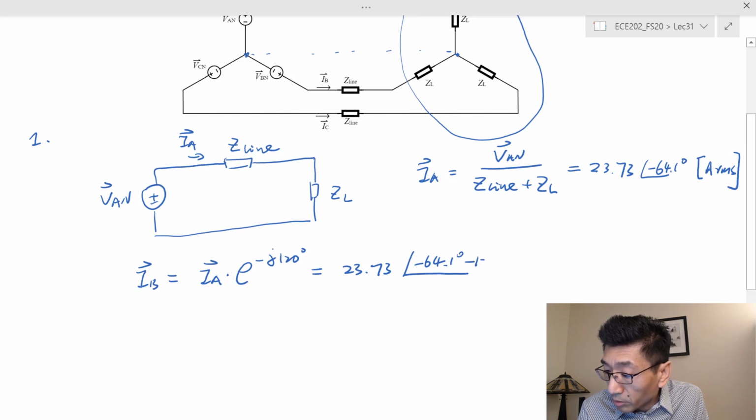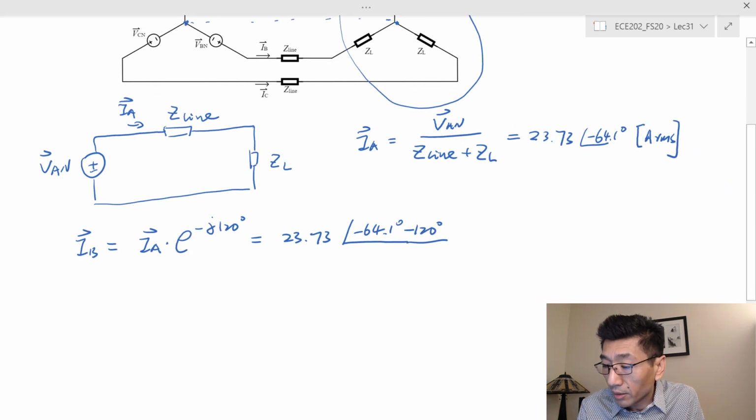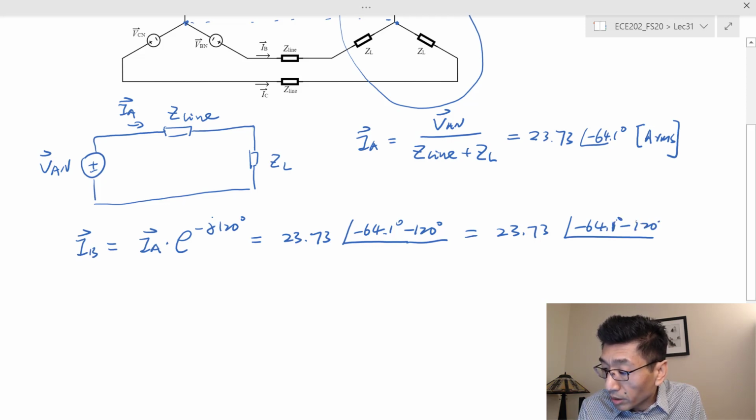negative 64.1 degrees minus 120. Here again, we are going beyond 180, right? So we just add another 360. What I do is just add another 360 to bring that back. It's not critical, but it's sort of a convention. We don't go beyond 180: negative 64.1 minus 120 plus 360, or you can say add 240.